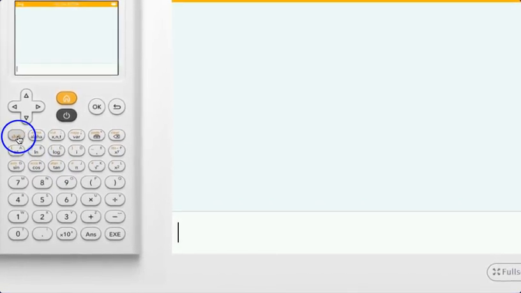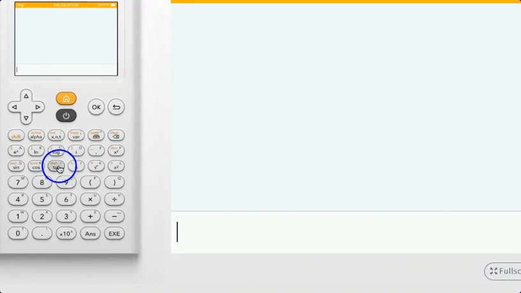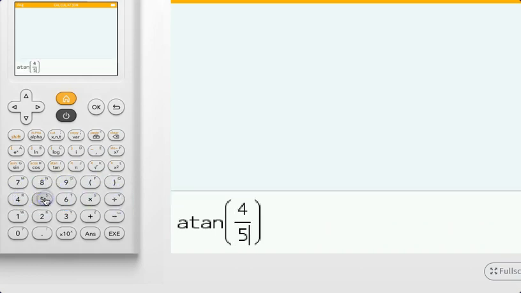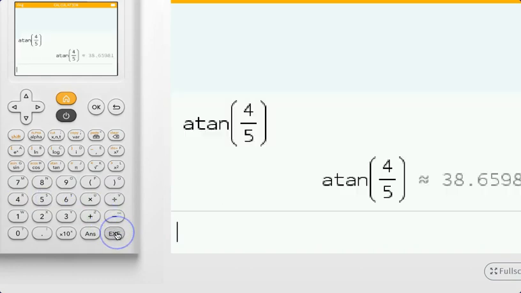So shift tan, and in the first case what was the ratio? 4 divided by 5 equals 38.659.